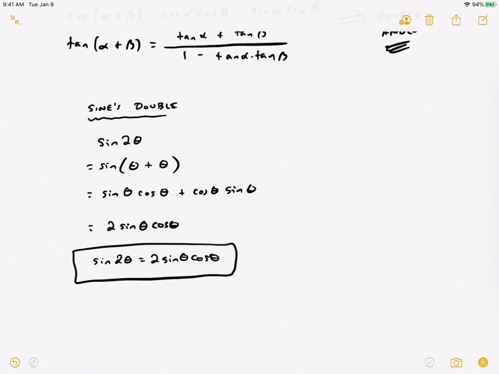I can do the exact same thing here for cosine. One thing that you'll see is cosine has a few different versions of its double angle identity.